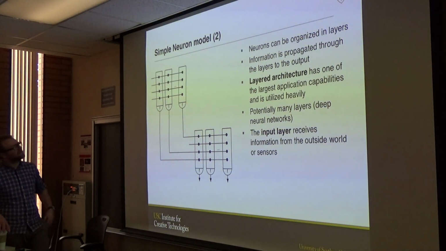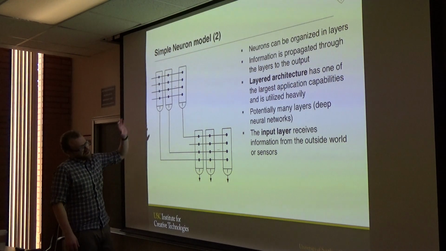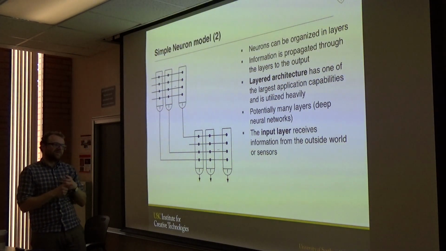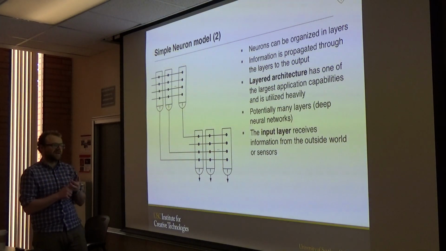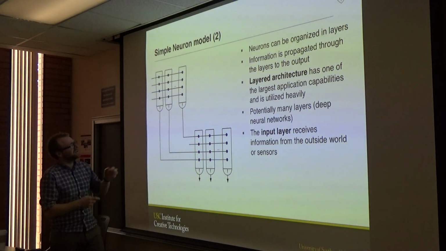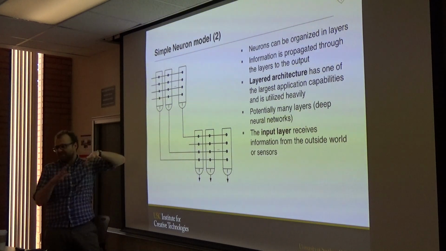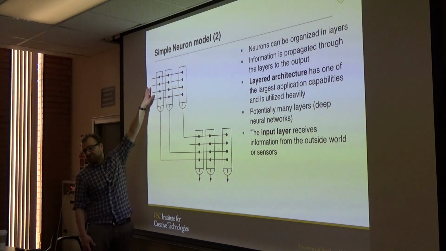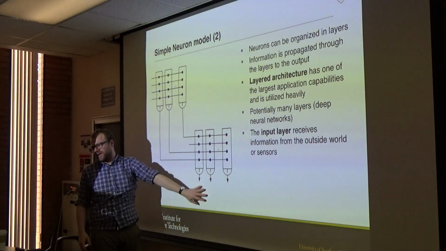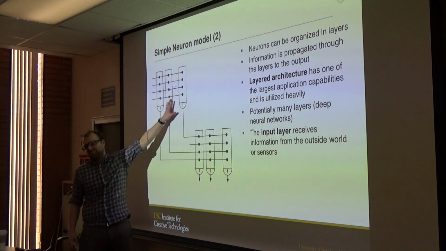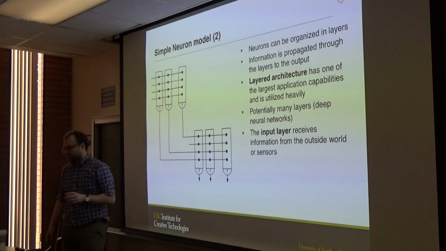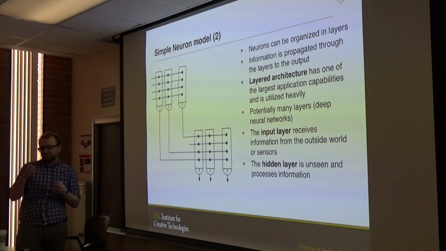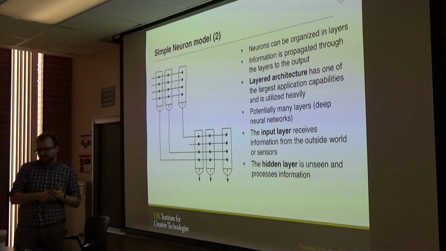One of the things that we need to talk about today, and we're going to talk about this at length in a second, is that if we deal with these layered architectures, we only have knowledge of what comes in and what comes out at the end. We do not know what's happening in between. Those layers are hidden from us.